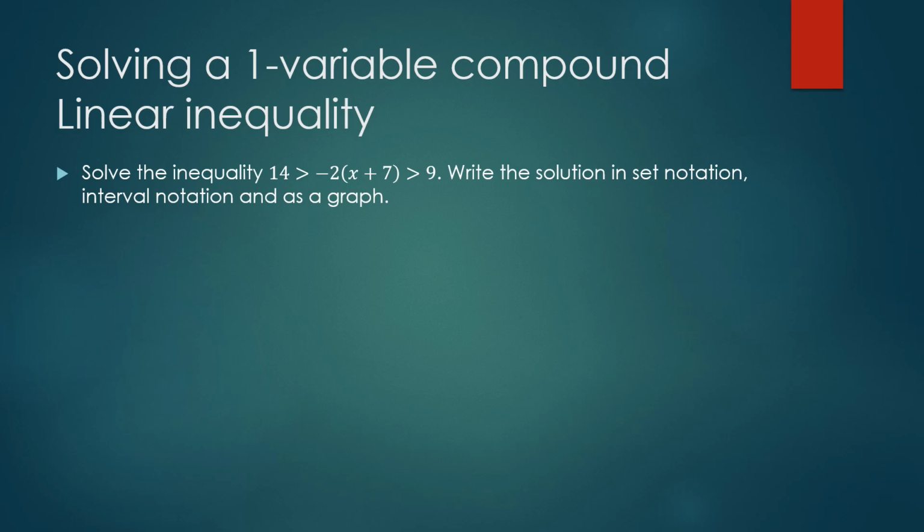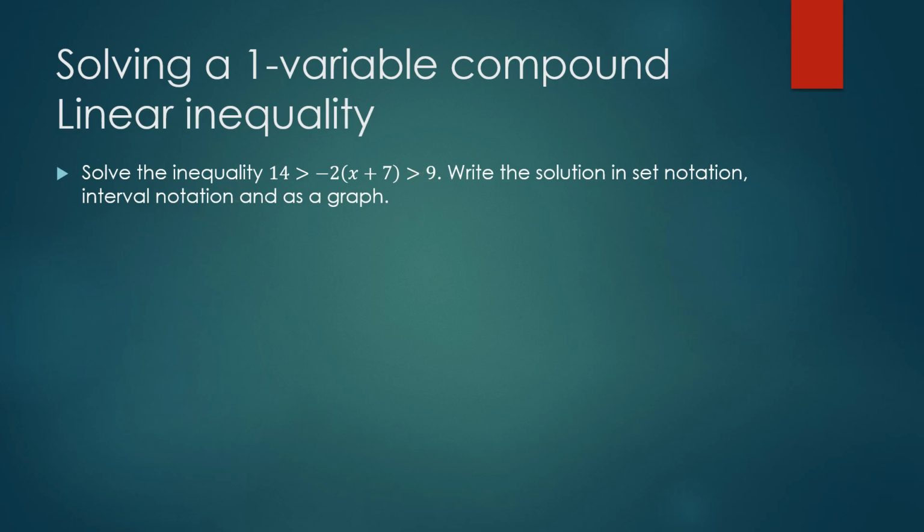Let's suppose we have the and inequality of 14 greater than negative 2 times the quantity of x plus 7, which is greater than 9. Now, because we have the variable in the middle, and we have 2 inequalities on the outside, we are going to do the operations on both sides of the inequalities.